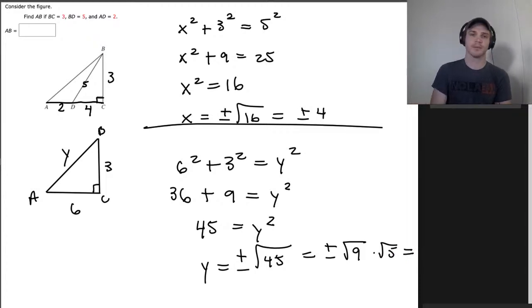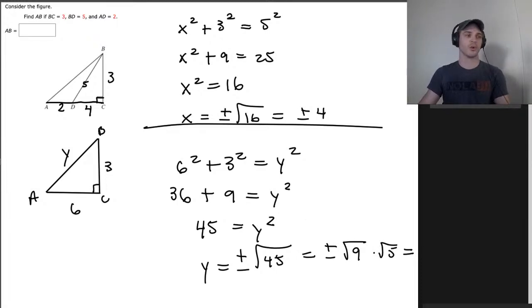So typically with these products, like WebAssign, Pearson, whatever you're using, they're going to tell you whether or not you want an exact value or to round to some decimal point. If they don't tell you to round to a decimal point, you can be fairly certain that they want an exact value. So it's important that you actually simplify your square root this way and get down to the 3 root 5.